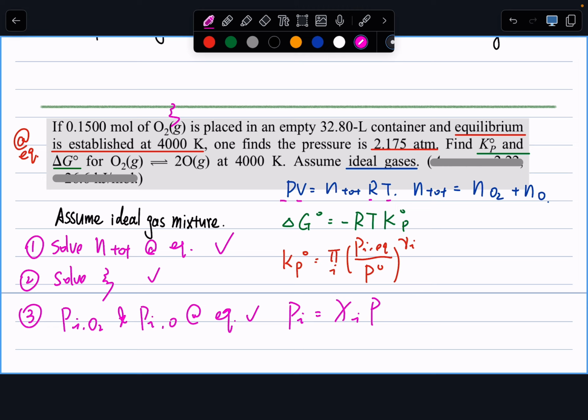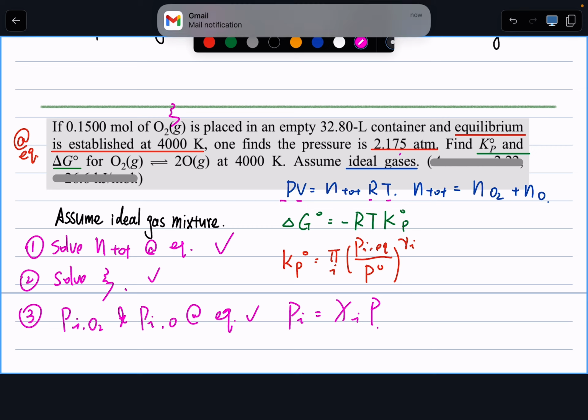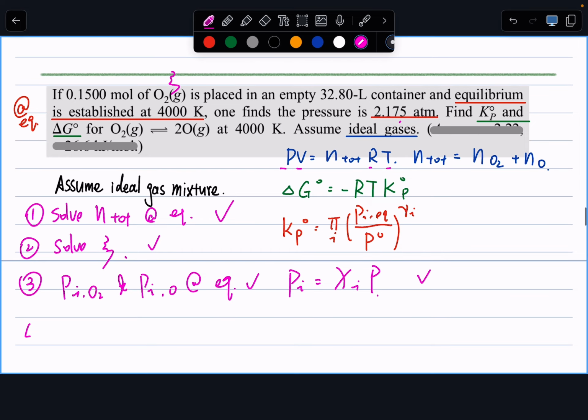The mole fraction we can calculate after we solve for the extent of reaction. Total pressure is a number that's provided in the question. So we have enough information. Then it becomes very obvious, and we can solve for Kp naught using its definition, and delta G naught using negative RT ln Kp naught.